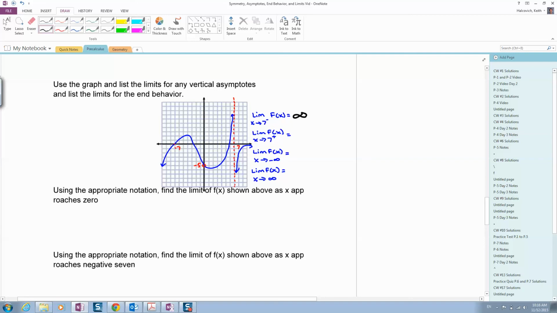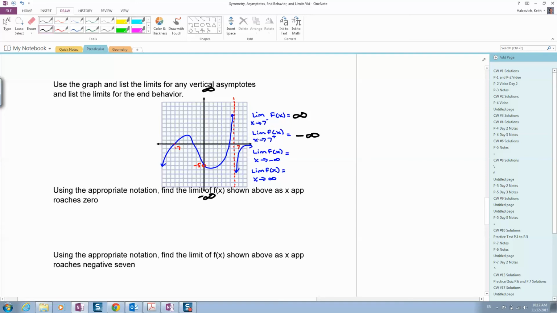So that means it's going towards positive infinity. Because remember, on the y-axis, positive infinity is here, negative infinity is there. As it approaches from the right, notice it's going down. So as it's approaching 7 from the right, it's going towards negative infinity. So that's the limit as it approaches an asymptote.